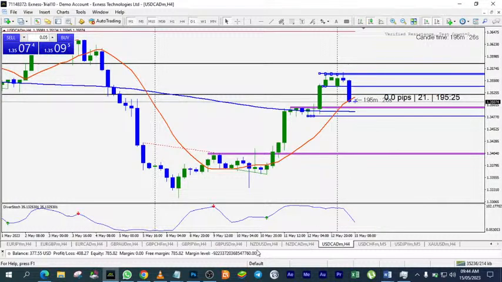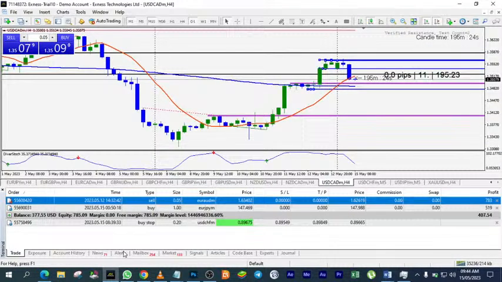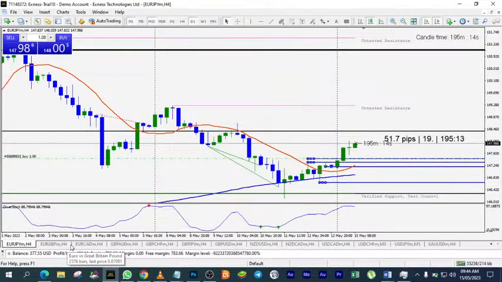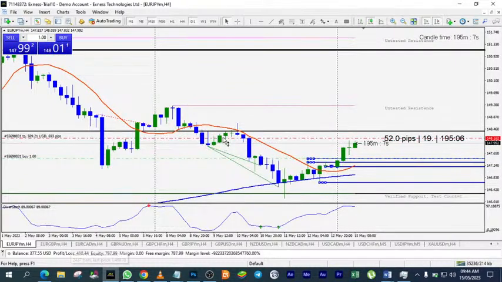So that's that. I want to see what's going on with my Euro Japanese yen. My Euro Japanese yen is actually doing well. Where's my Euro Japanese yen? It's actually doing well. So my take profit for this Euro Japanese yen is here.